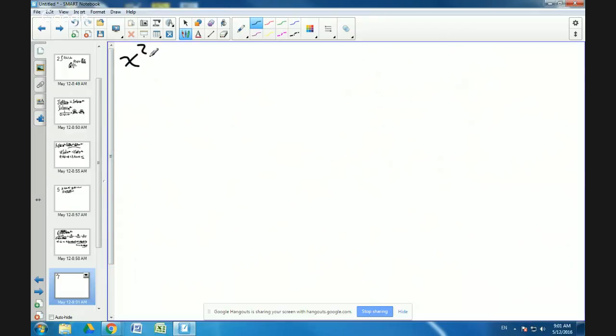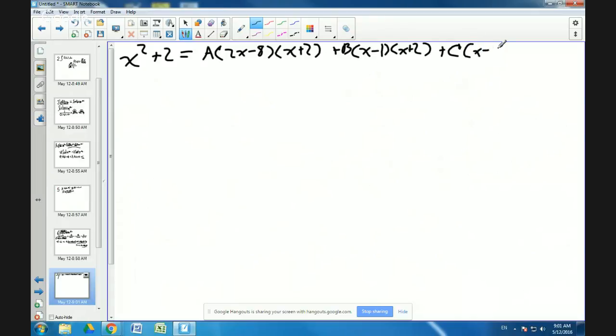So x squared plus 2 equals a by (2x minus 8) by (x plus 2) plus b by (x minus 1) by (x plus 2) plus c by (x minus 1) by (2x minus 8).